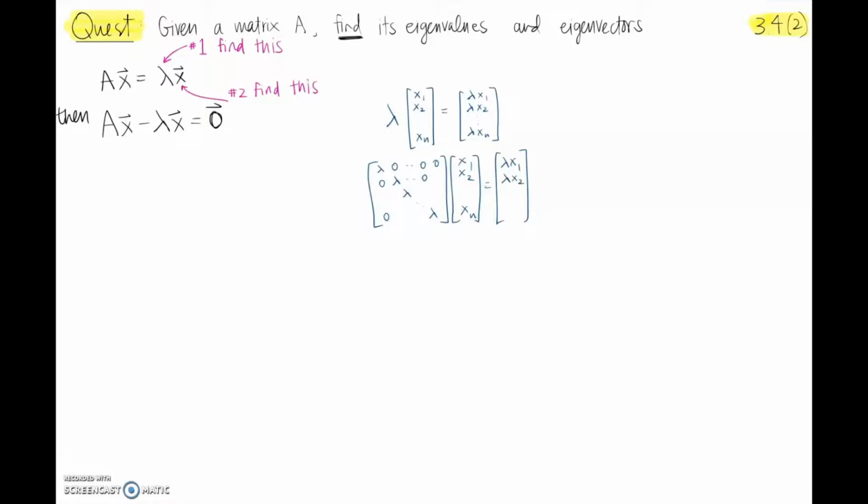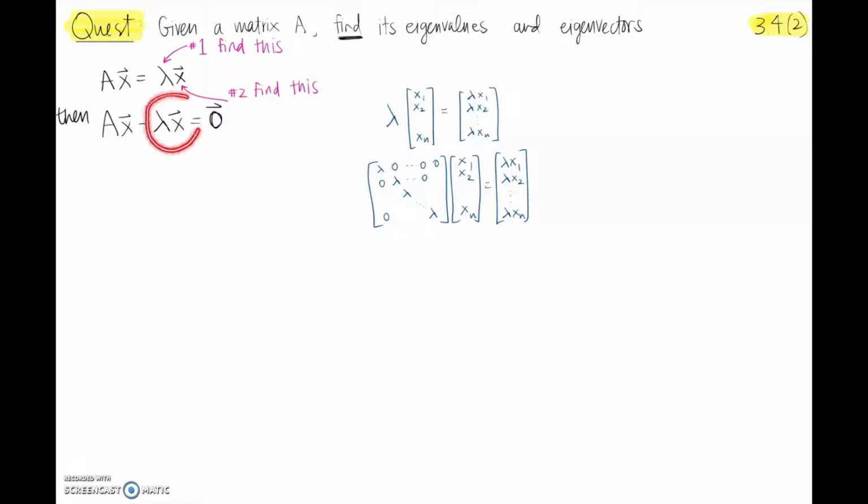And then we can keep doing that, picking up x3, lambda x3, all the way to the last one where we would have all zeros and then lambda times xn. It turns out that these are actually equal. You can take lambda times the x vector, or you can take lambda times the identity matrix times the x vector, and you get the same result.